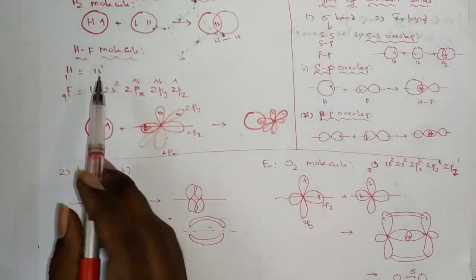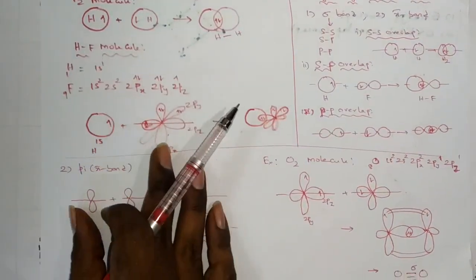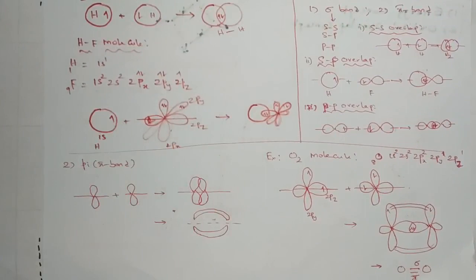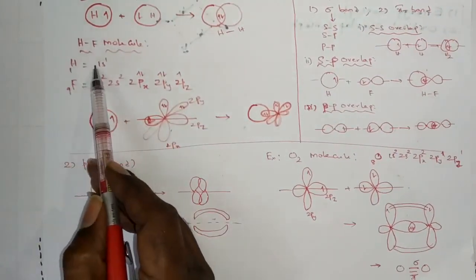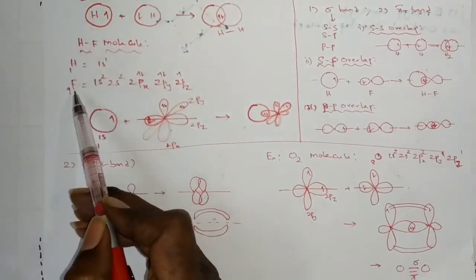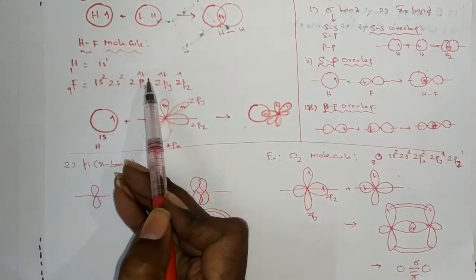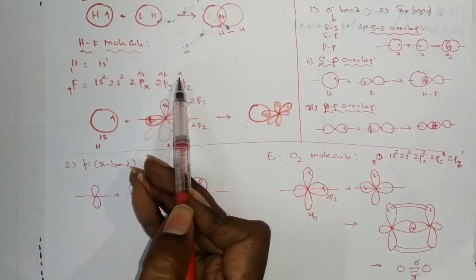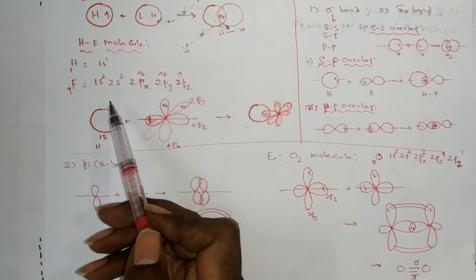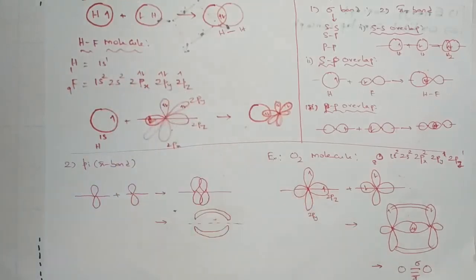One more example we discuss, the hydrogen fluoride molecule, HF molecule. The hydrogen atom has one electron, its electronic configuration is 1s1, and fluorine has 9 electrons: 1s2, 2s2, 2px2, 2py2, and 2pz1. Okay. According to the orbital overlap concept, as I told, the orbitals should have half-filled configuration.